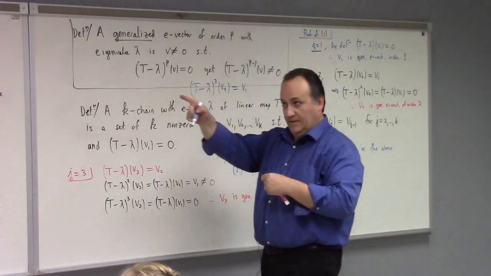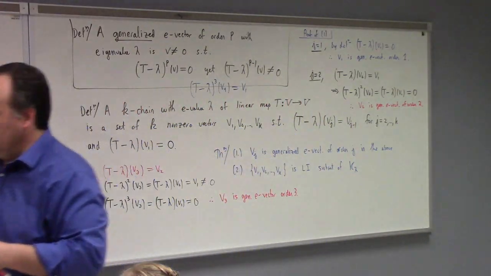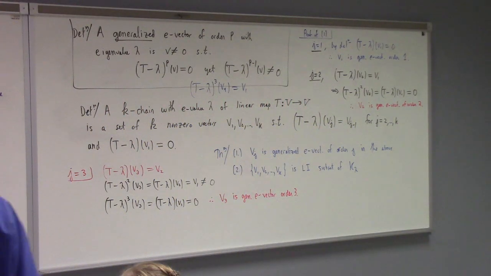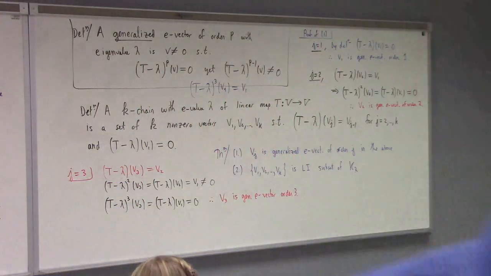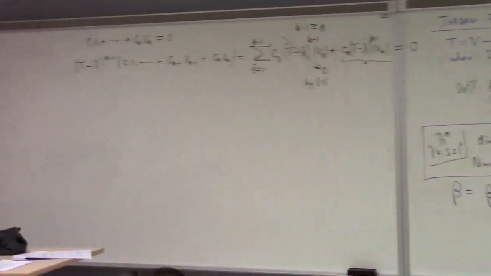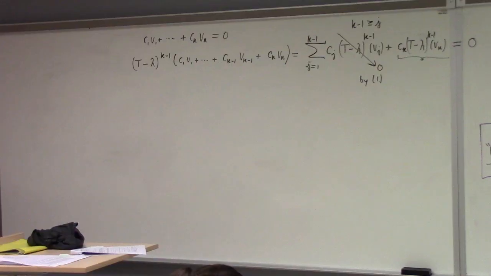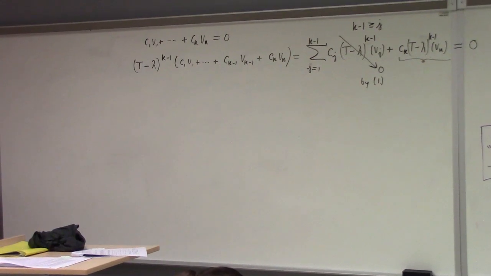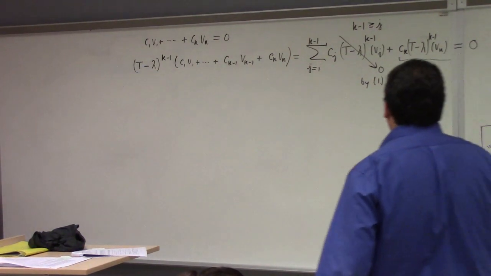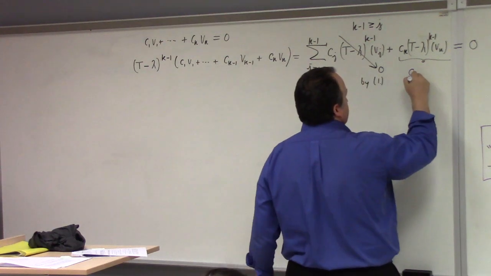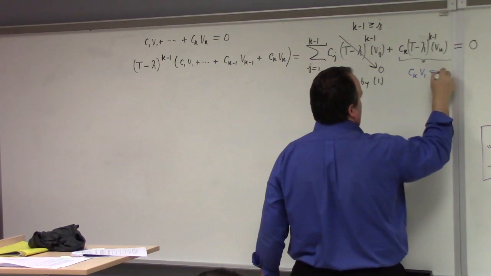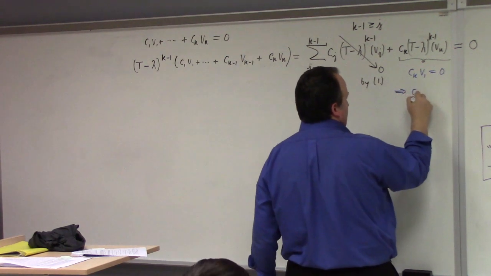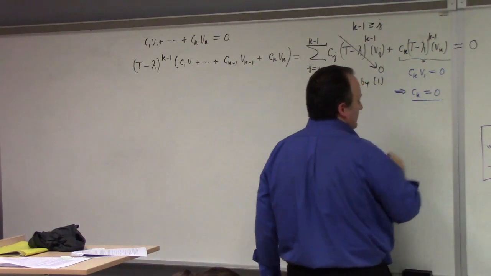So the thing we're doing over there, for arbitrary k, it doesn't matter what k is, that actually works out to v1. So you get ck v1, which of course then implies ck is equal to 0, right?